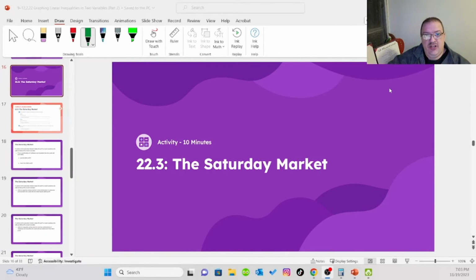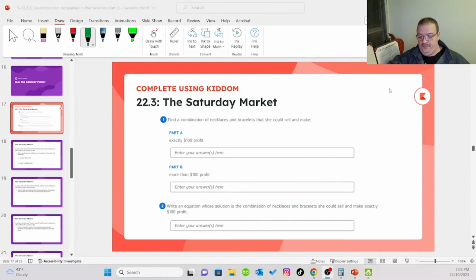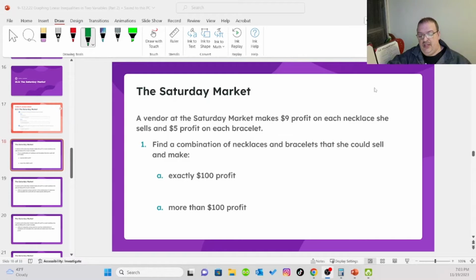Our next activity is 22.3, the Saturday market. A vendor at the Saturday market makes $9 profit on each necklace she sells and $5 profit on each bracelet.